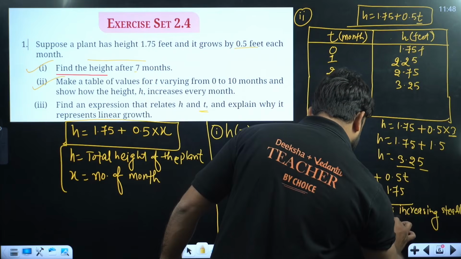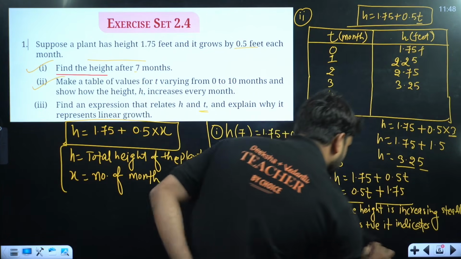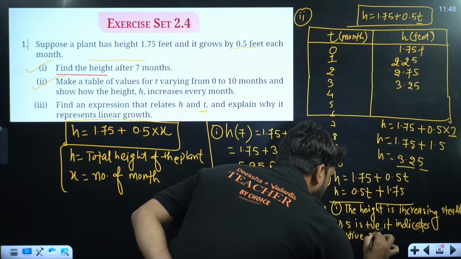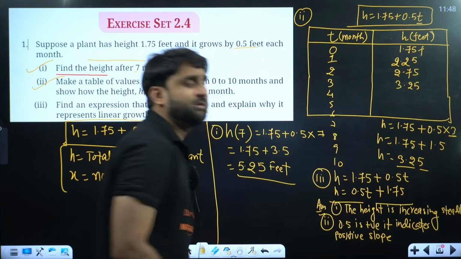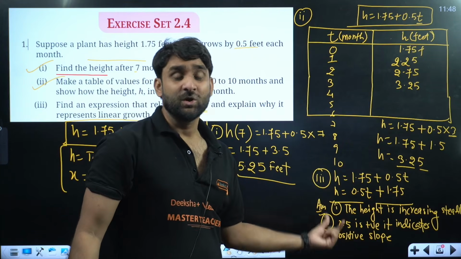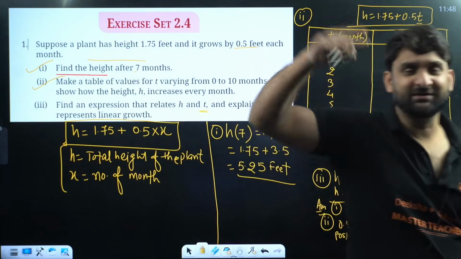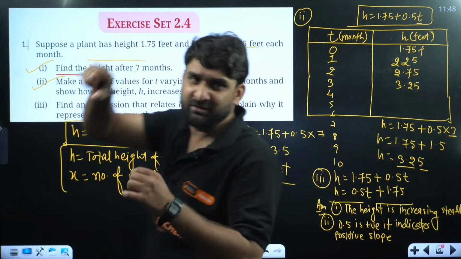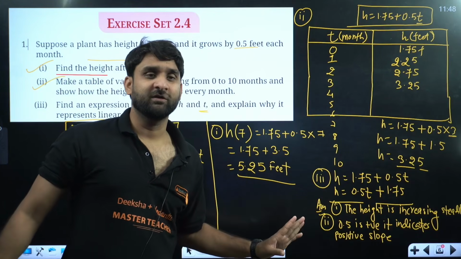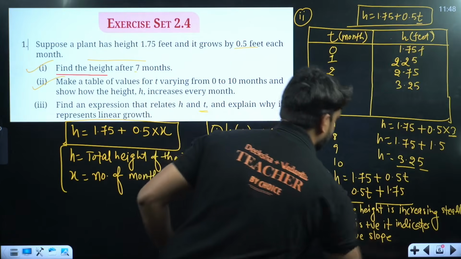So it indicates a positive slope, and positive slope means linear growth. So there are two reasons why we can say that we are dealing with linear growth. First, the height is increasing with passing months, and second, the coefficient of t is positive. It indicates positive slope, and positive slope means linear growth. Moving to next.